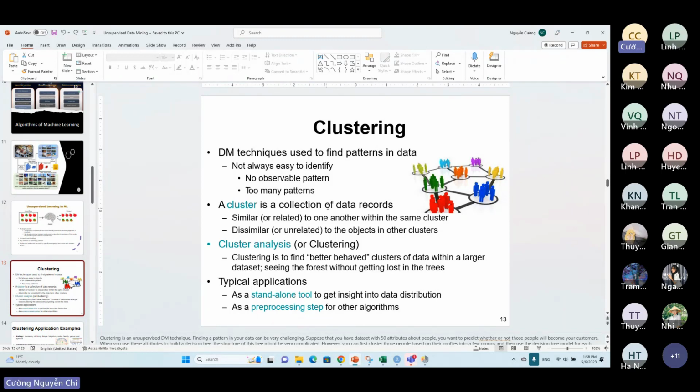So we try to create different clusters from maybe different groups of people, and we know that if the people are in the same group or same cluster, then we have similarity. While the people from different clusters will have very different characteristics. Okay, and that's what people call cluster analysis.